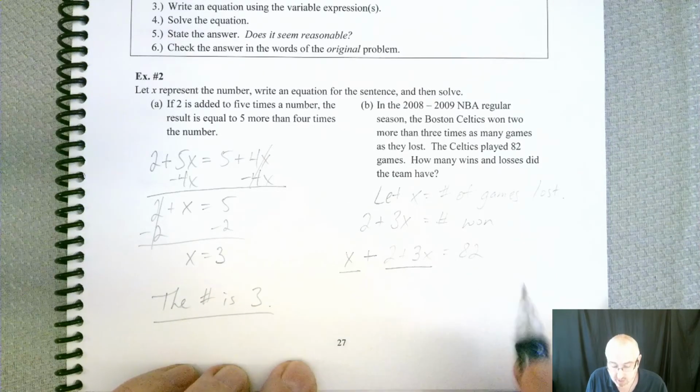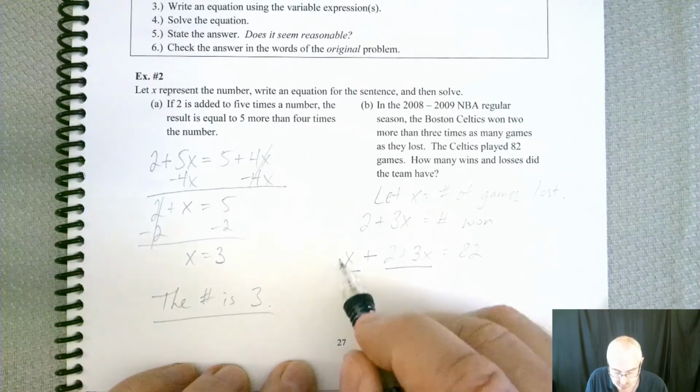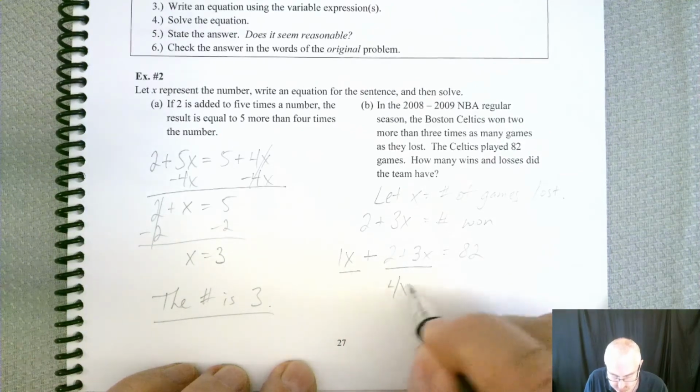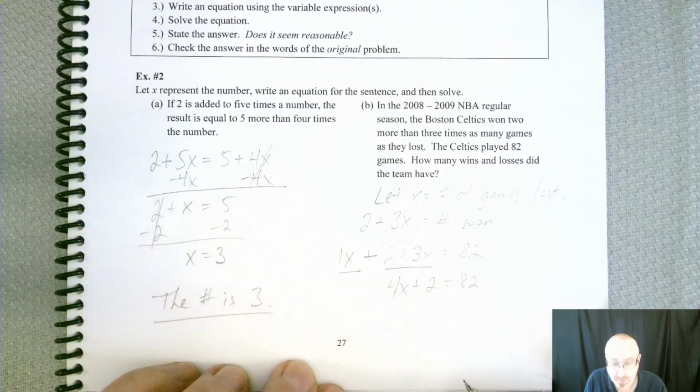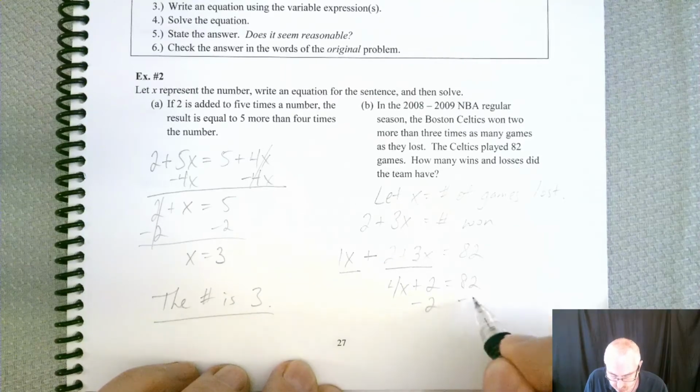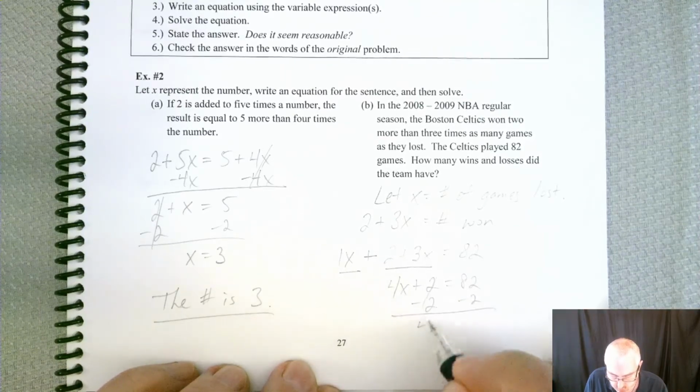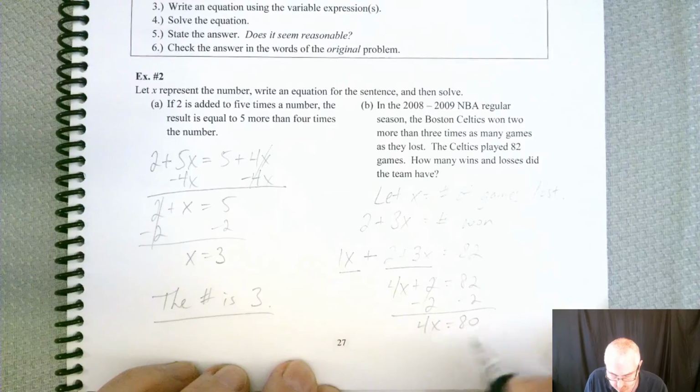So now we can start to solve this. So combine our x's. We got a 1x and a 3x, so a 4x plus 2 equals 82. Lose the 2, and then divide by 4.